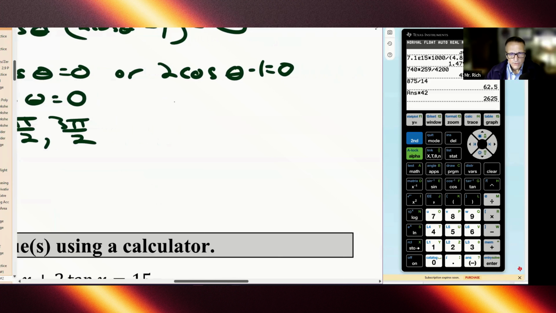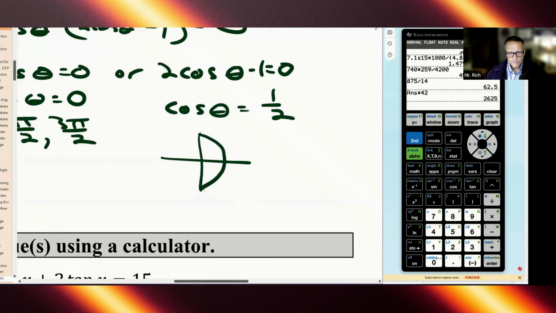When I try to solve this other factor that has been set equal to 0, I get cosine theta is equal to 1/2. Now I have to think about where in the unit circle cosine is 1/2. Cosine are the x coordinates, so it's going to be in the first or fourth quadrant. So visualize it or sketch it. When is cosine 1/2?